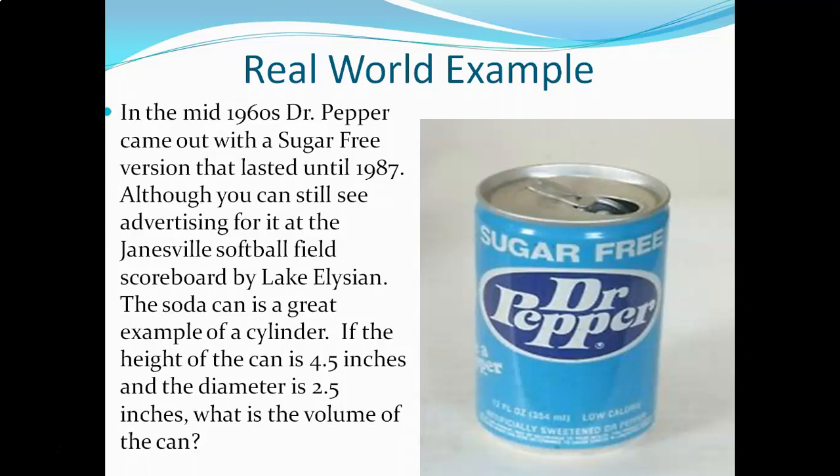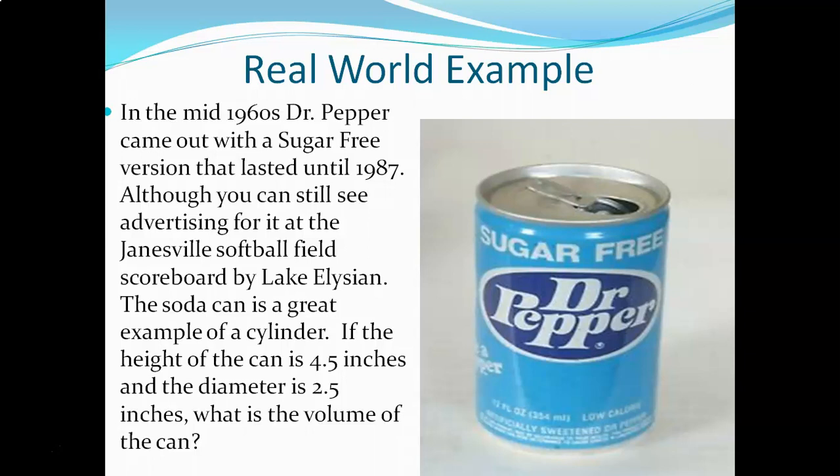When I was thinking of cylinders, I thought of the soda can. And here's a little one with a Janesville tie-in for you. In the mid-1960s, Dr. Pepper came out with a sugar-free version that lasted until 1987. The sugar-free version went with a light blue can, while of course the regular Dr. Pepper does not use blue. Although, and this is so interesting, you can still see advertising for sugar-free Dr. Pepper on the Janesville softball field, on the scoreboard by Lake Elysian.